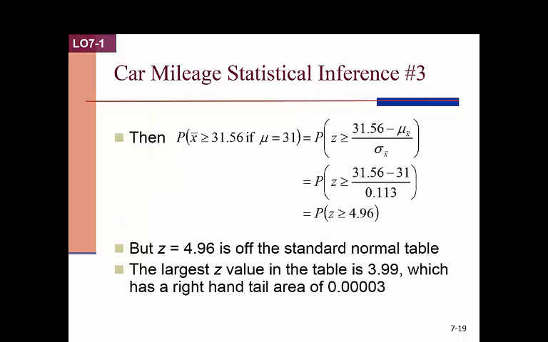That's what we have in the denominator. That gives us the probability of z greater than or equal to 4.96. And if you go to the table or just go to Minitab and find the probability, you get a probability of 0.003.